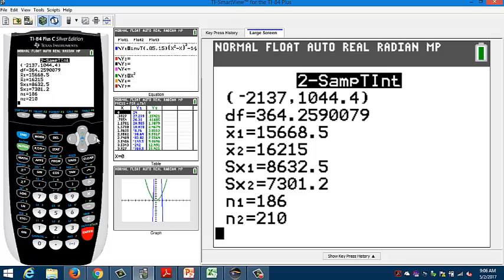You didn't need me to help you type things into formulas today. What you need me for is, what does it mean? That's a confidence interval, right? So how would you write this down? You would write down, here, let me show you.